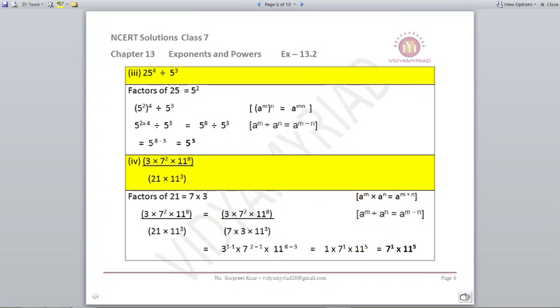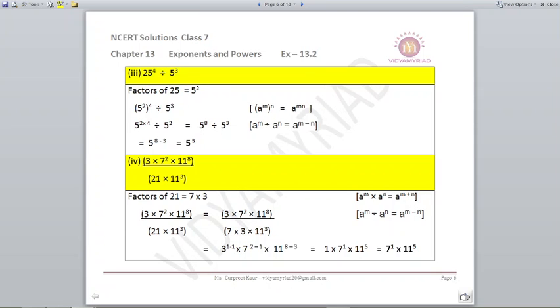Now here you have 3, 7 and 11. I will rewrite it. It becomes 3 raised to power 1 minus 1. Why? There is one 3 in the numerator and one 3 in the denominator. Both have power of 1. It means it's a division case. Next, multiply by 7 raised to power 2. It is already there. There is one 7 in the denominator. It means divide. I will do minus 1.